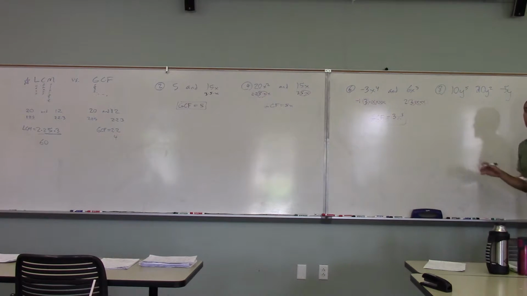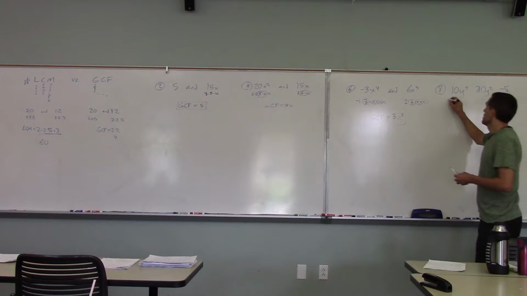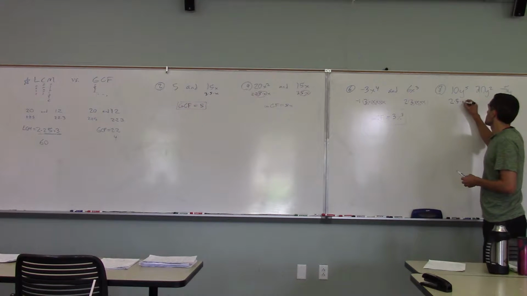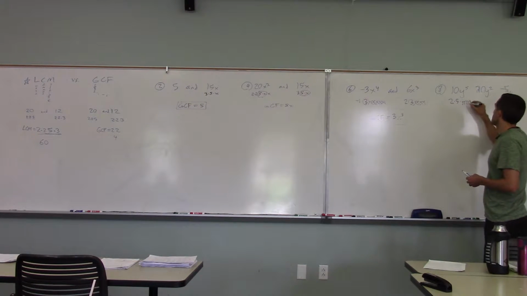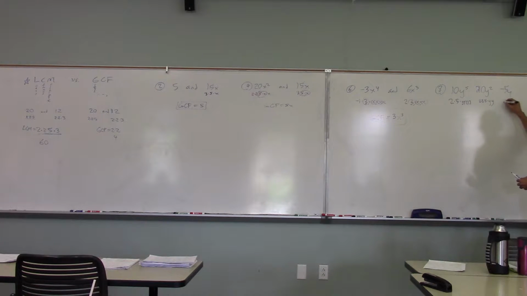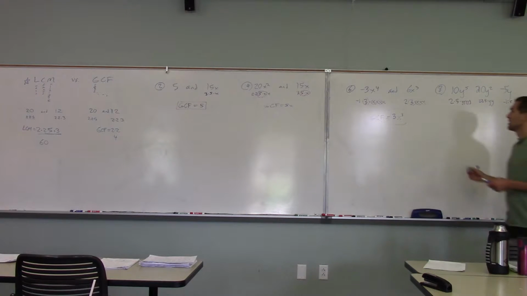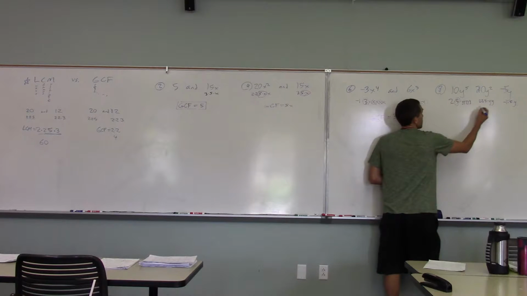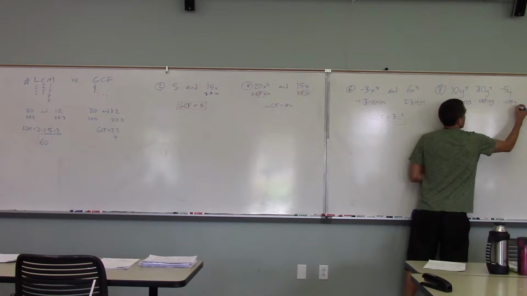And last one, now we need to do it with 3 terms. So 2 times 5 times y, 2 times 2 times 5 times y, and -1 times 5 times y. They all have a 5 in common, and they all have a y in common.